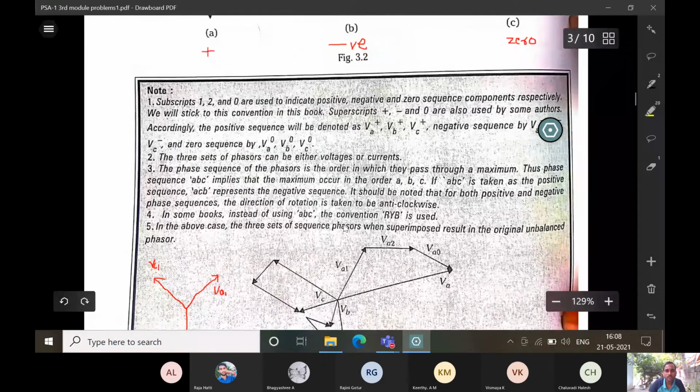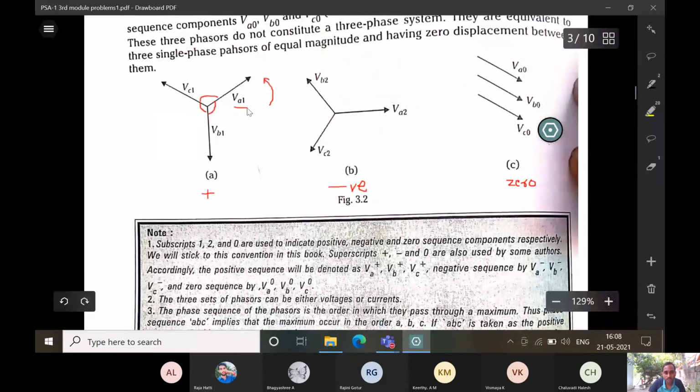VA is equal to VA1 plus VA2 plus VA0. To draw these three phasors, you will get VA. VA has three components: positive sequence, negative sequence and zero sequence. Adding these three, we get VA.